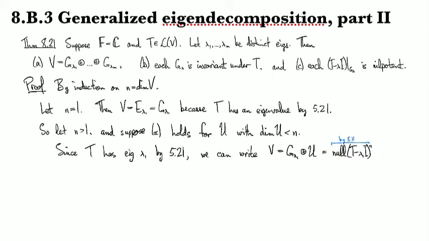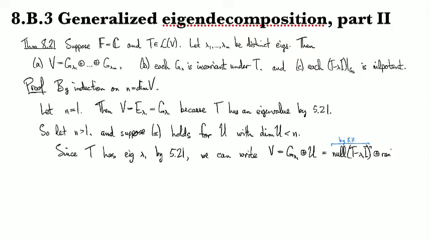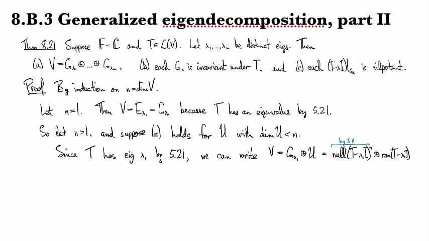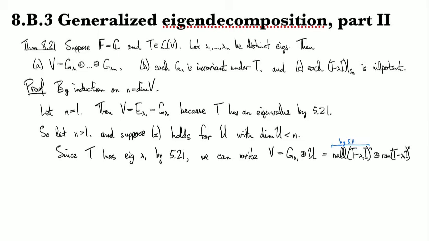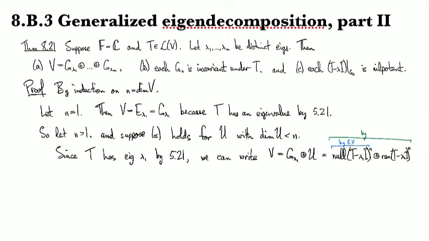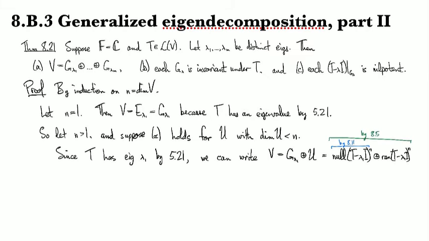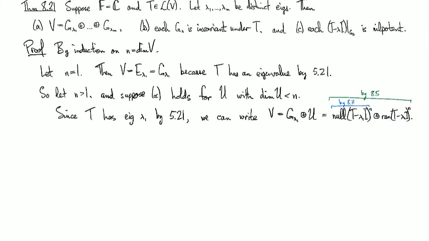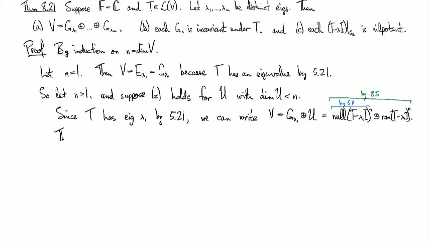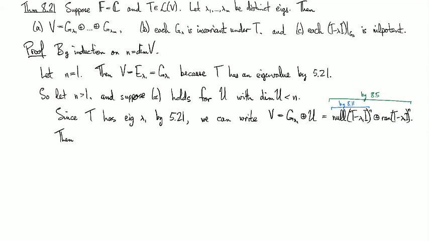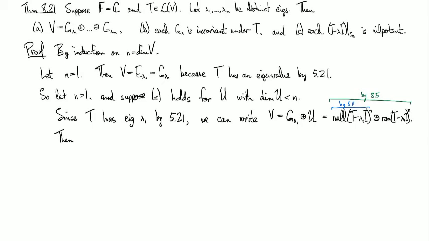So since we've got the null space, the other direct summand must be the range of T minus lambda 1 I raised to the dimension, and that part is by 8.5. So now we know that U must be the range of T minus lambda 1 I to the n.